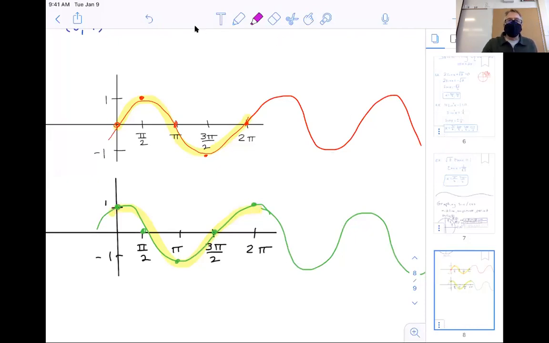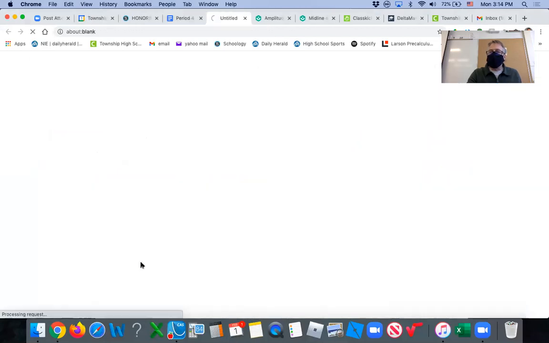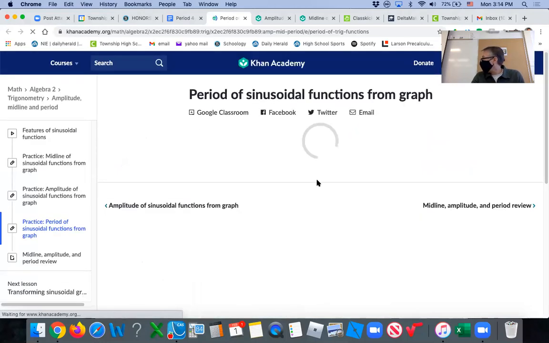So looking at our calendar, if I wanted to practice that a couple times, and this will be our last practice together. I'm just going to do one example, and then I'm going to have you guys do a couple examples on Khan Academy on how to find the period of a sinusoidal graph.